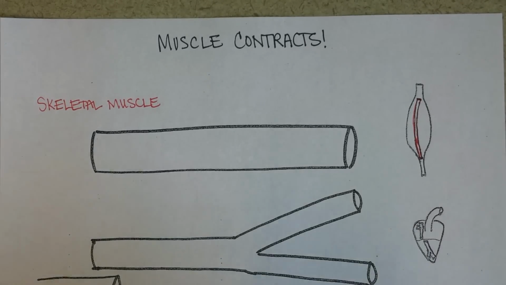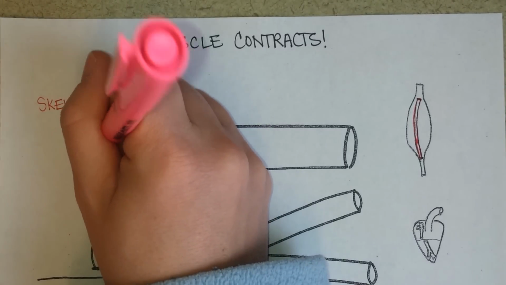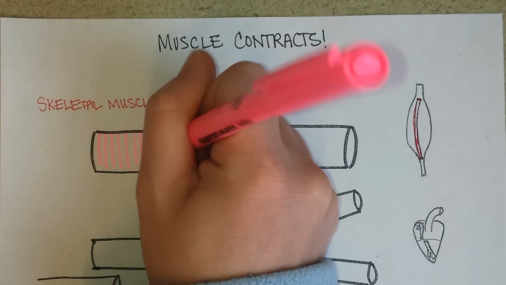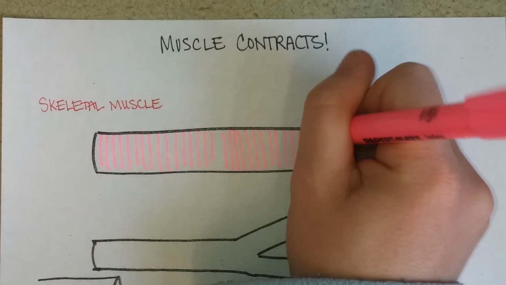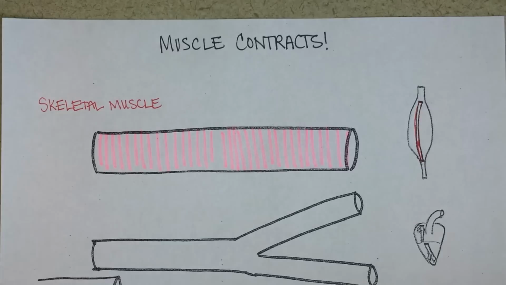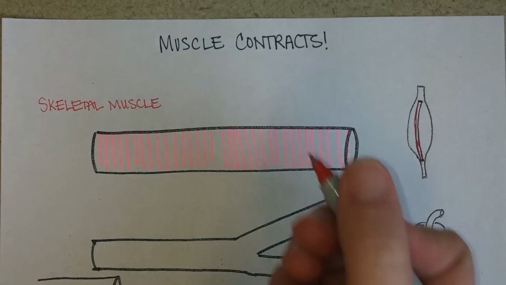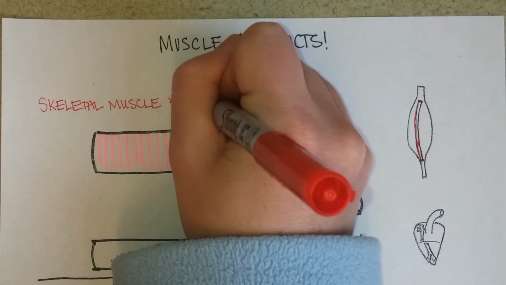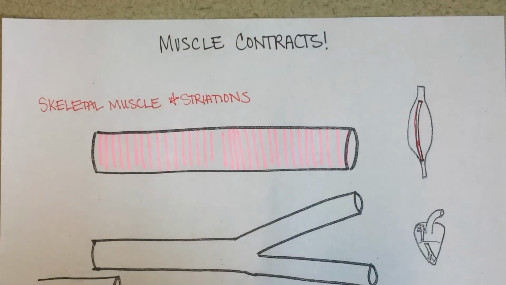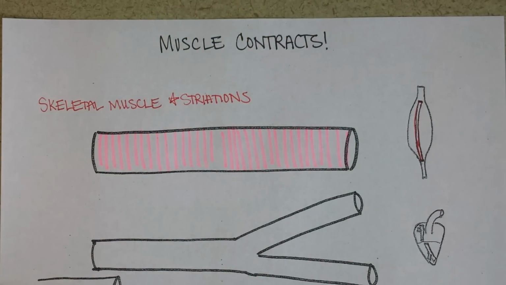The first thing you'll notice, once you get it well focused anyway, is these lines. And those lines we call striations. Really just means stripes, right? You can kind of hear the word stripe in there. Striations.